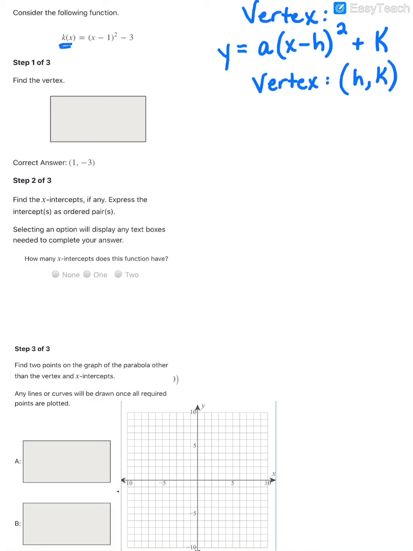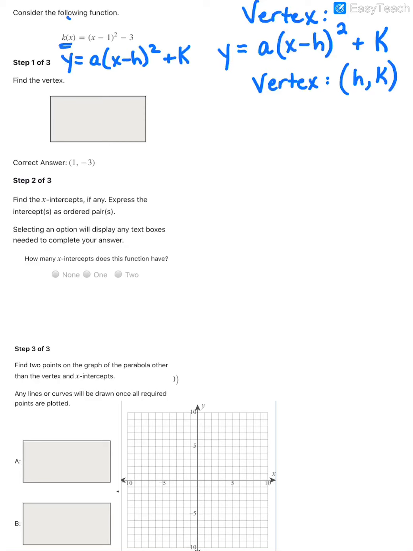Okay, so notice when we compare this vertex form to the equation that we have. Let me go ahead and write it underneath here. So a times (x minus h) squared plus k.